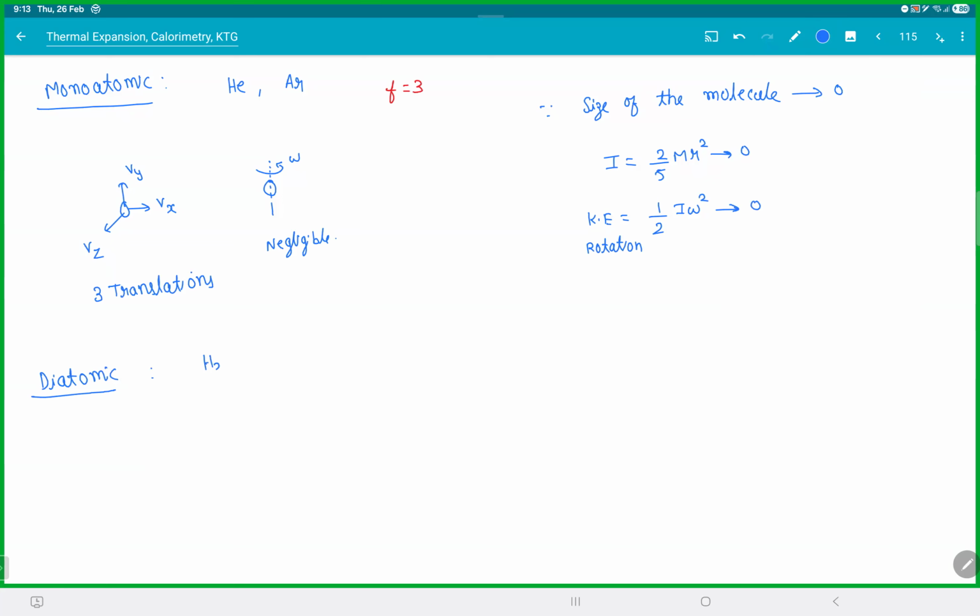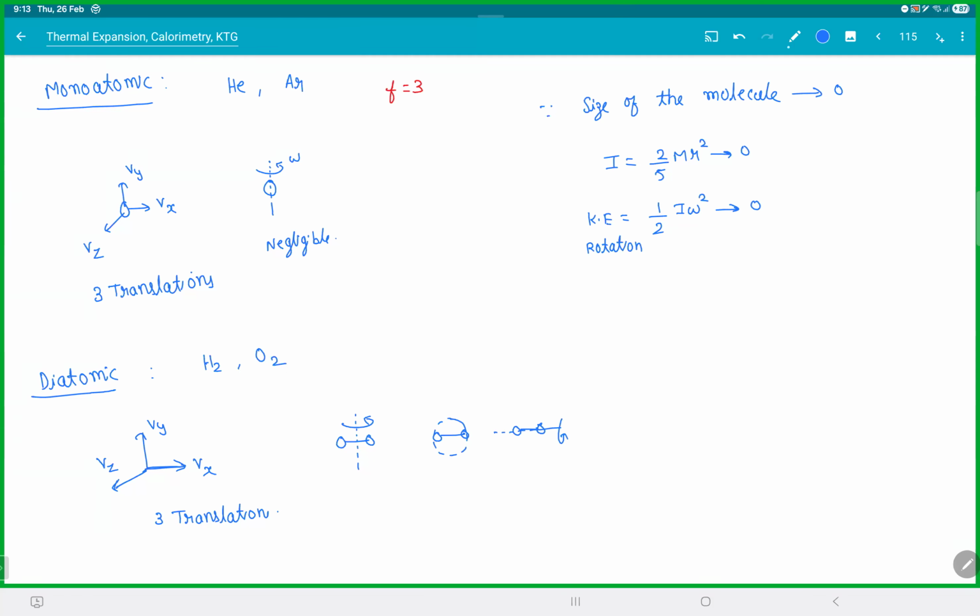Diatomic, H2, oxygen, nitrogen, these kinds of molecules. Vx, Vy, Vz, we have 3 translations. And you can rotate like this, in this plane, or in this way.